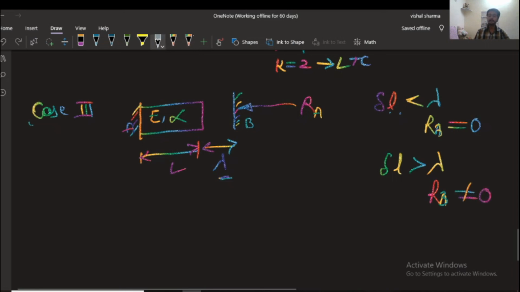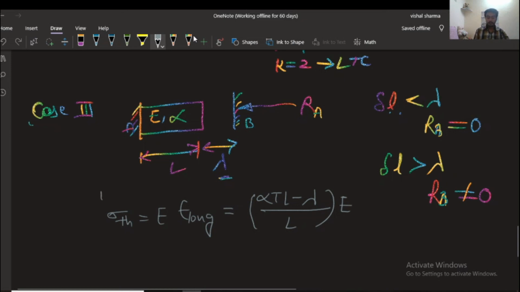There will be some reaction forces. So in the case of partially restricted expansion, the thermal stress is given by E into the longitudinal strain, which is equal to (alpha TL minus lambda) upon L, into E.